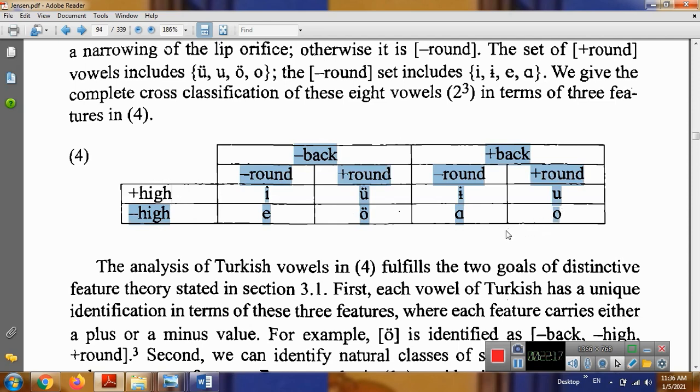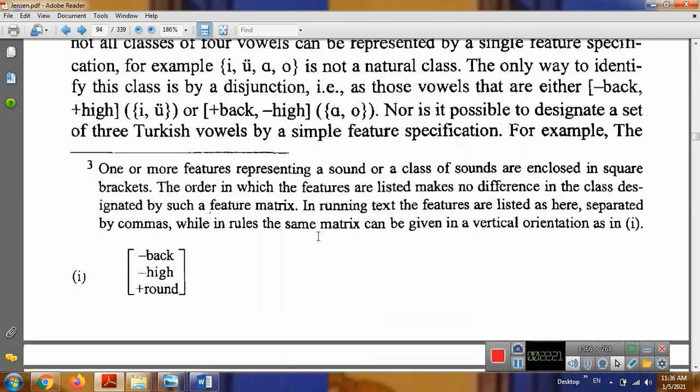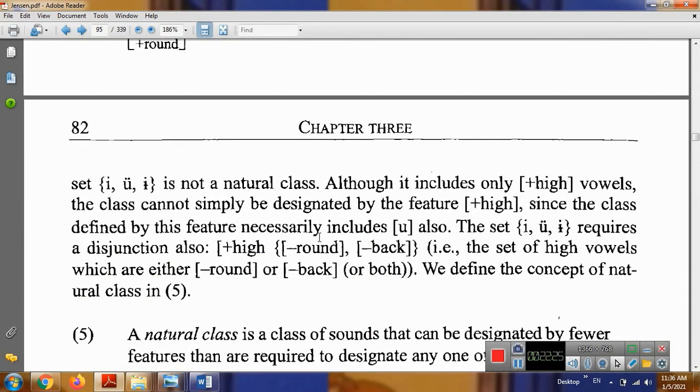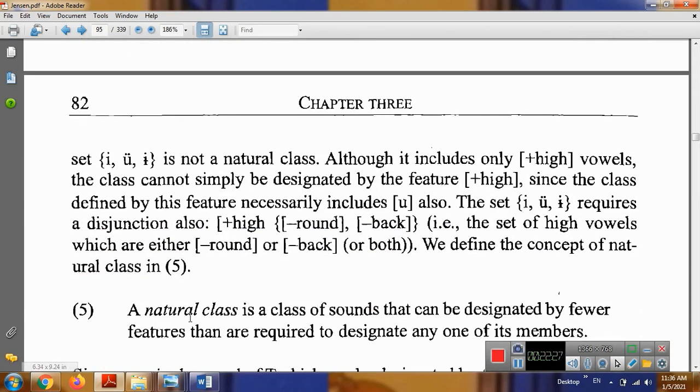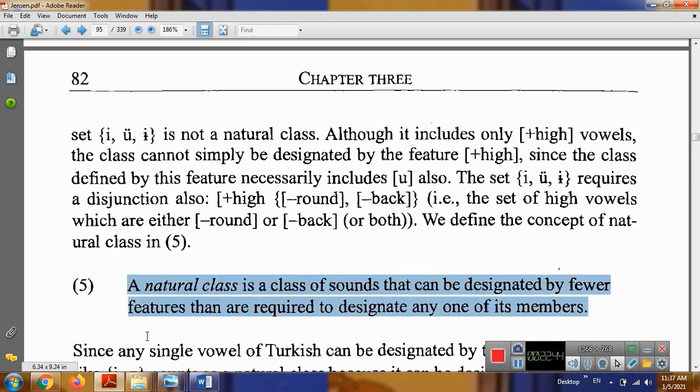In the previous session, we told you something about the natural class, if you remember. A natural class is a class of sounds that can be designated by fewer features than are required to designate any one of its members.